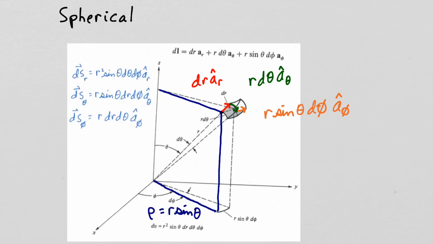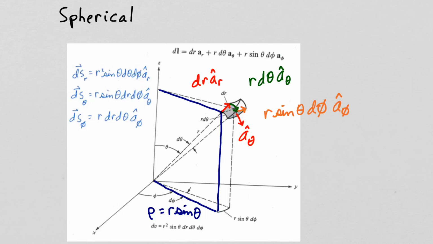We will have three differential surfaces, one perpendicular to the a sub r direction, one perpendicular to the a sub theta direction, and one perpendicular to the a sub phi direction. Here's our unit vector in the r direction, so this surface area is r d theta times r sine of theta d phi.